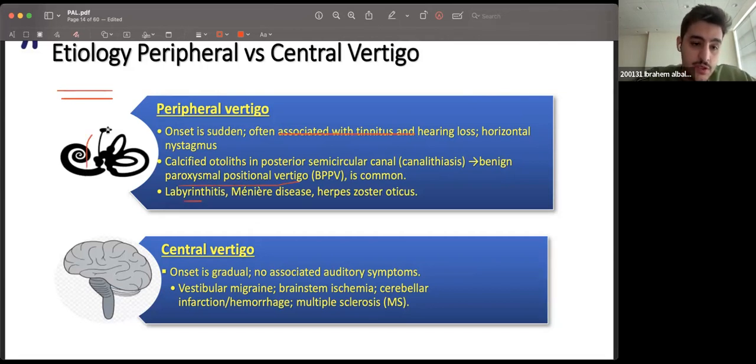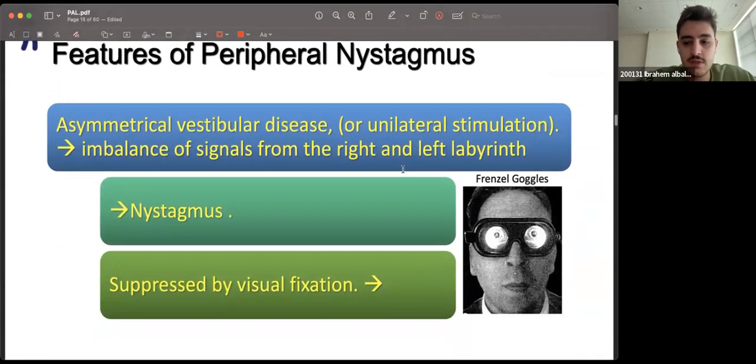Labyrinthitis, if you have inflammation of this organ. Meniere's disease, we'll talk about it. Herpes zoster, if you have a herpes infection of the cranial nerve 8, it can cause peripheral vertigo. Central, you'd assume stroke, anything related to stroke, so ischemia, hemorrhage, multiple sclerosis, which is a CNS demyelinating disorder. These are all differentials for central.